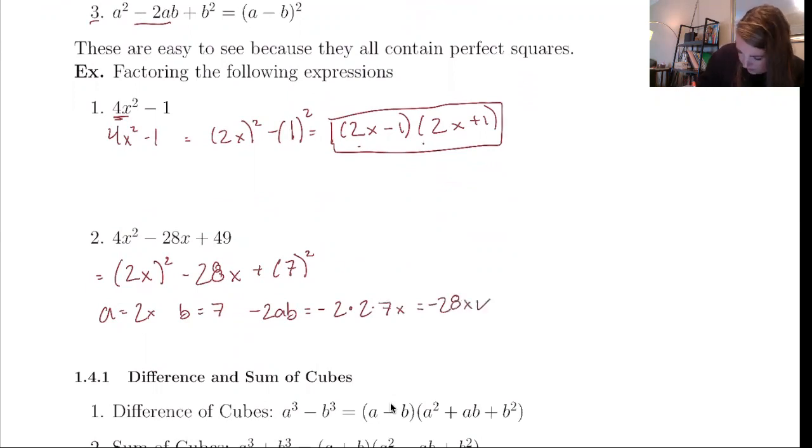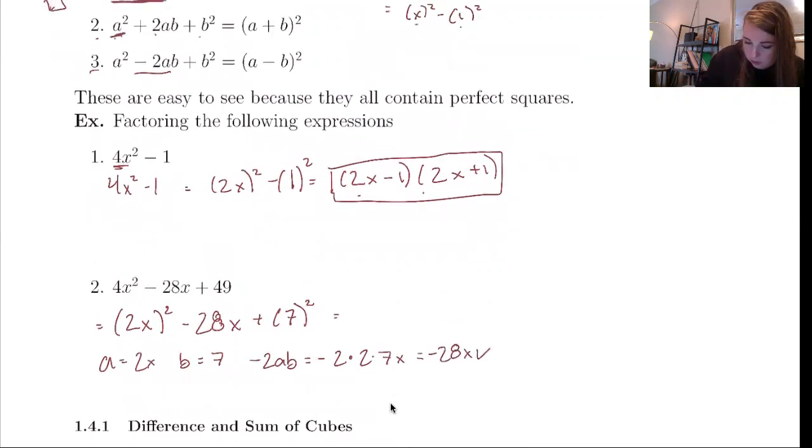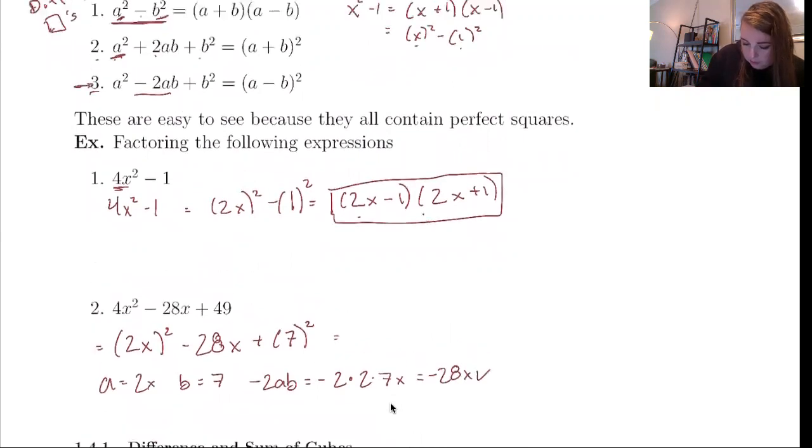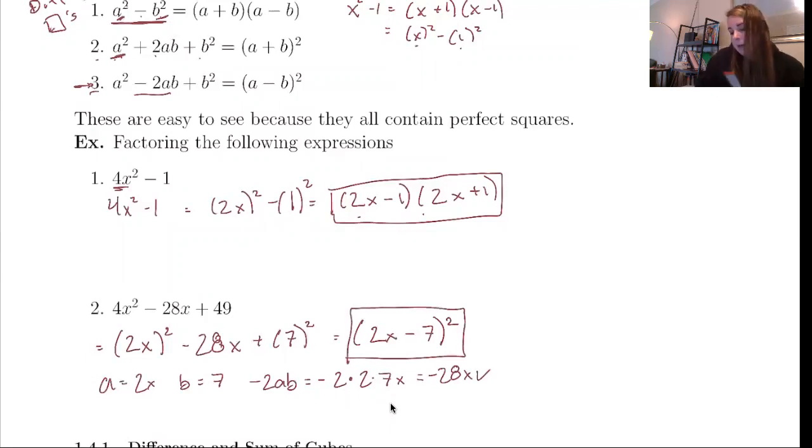Great. So this does follow the formula up here, number 3. So then I would just say, okay, 2x is my a, minus 7 squared. Done. And that's it. And remember, we can always check our factoring by expanding by foiling.